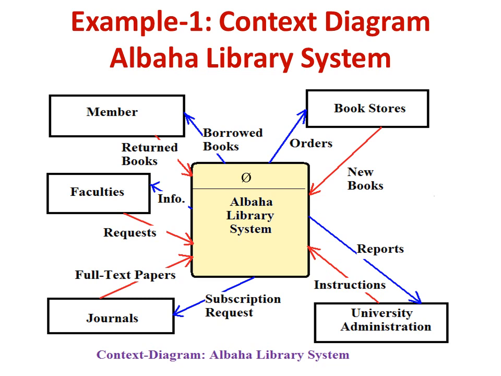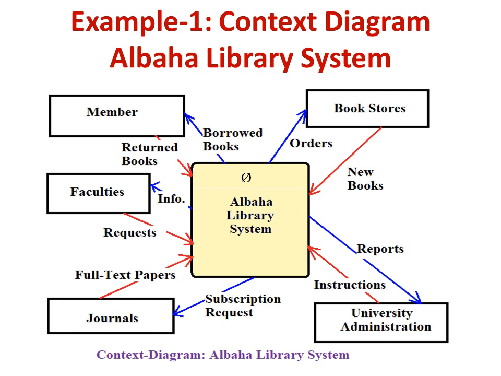An example of a context diagram of our Al-Baha library system. As you can see here, the name of the system is in the middle. We have one bubble or one process called Al-Baha library system, which is the system name, and bookstores, members, faculties, journals, and university administration are external entities.